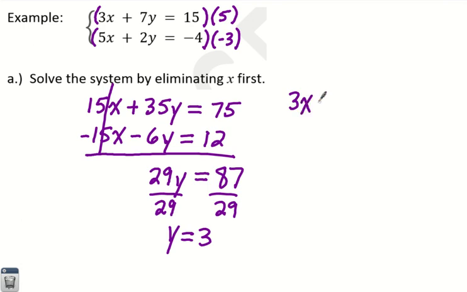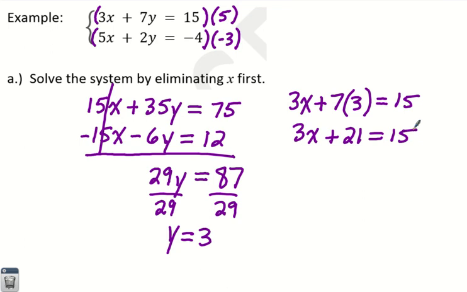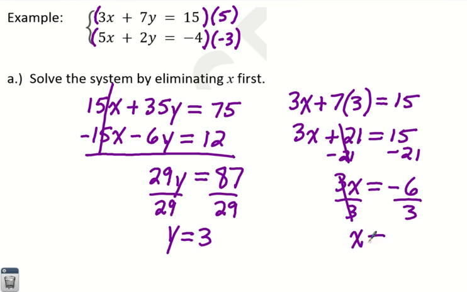So I've got to solve that. 7 times, so now I know y is 3, equals 15. So 3x plus 21 equals 15. When I subtract 21 out of there, I end up with 3x equals negative 6, and then you divide both sides by 3. So your final answer is negative 2, comma 3.